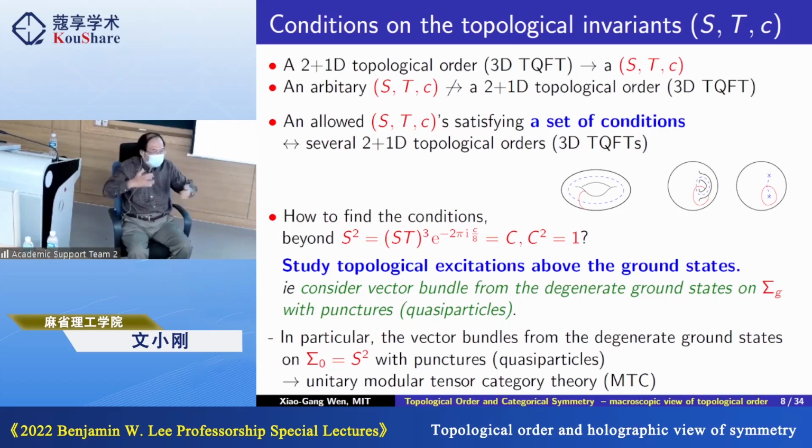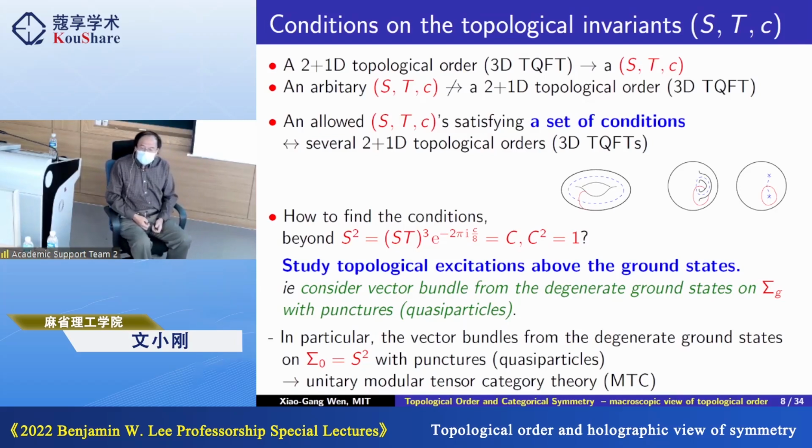So it's not unreasonable to see there may be some connection like that. Therefore we can study the sphere with punctures. There is also a vector bundle on the moduli space of the sphere with punctures, and that vector bundle may characterize this. Actually, the mapping class group for a sphere with punctures is a braid group. So indeed, the braiding statistics, the phase from braiding, is characterized as a vector bundle on the sphere with punctures.